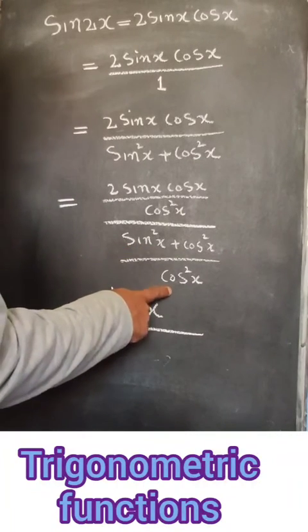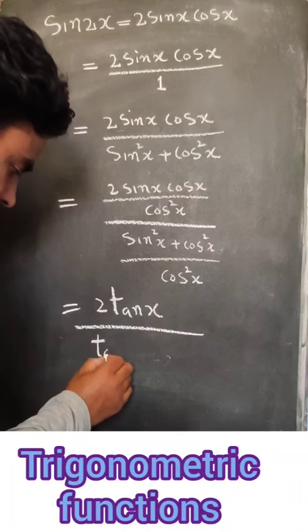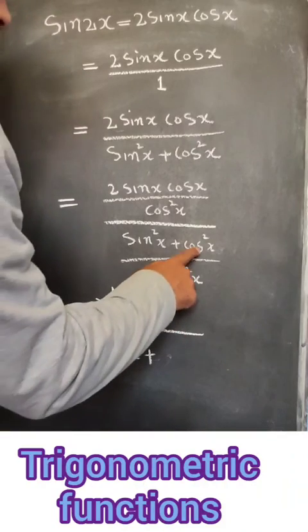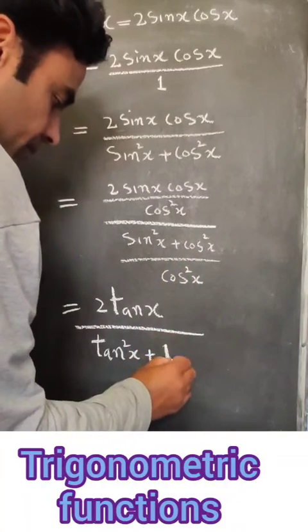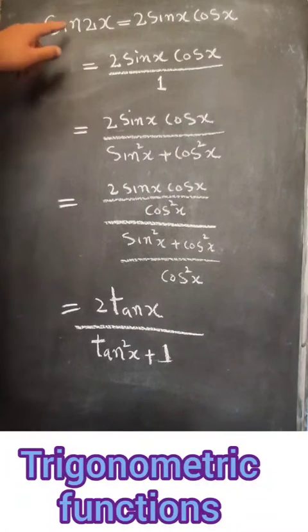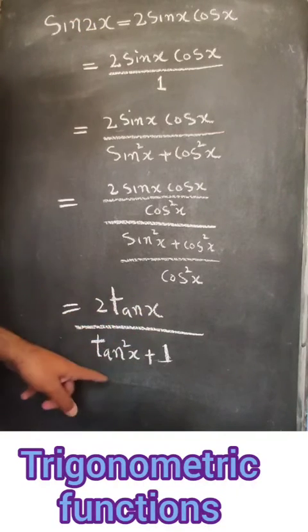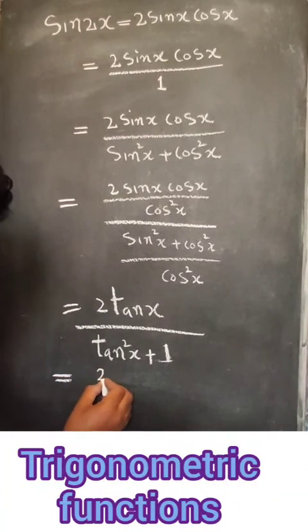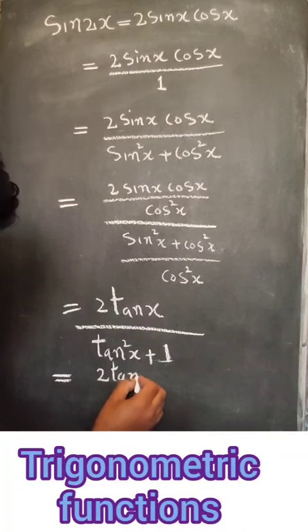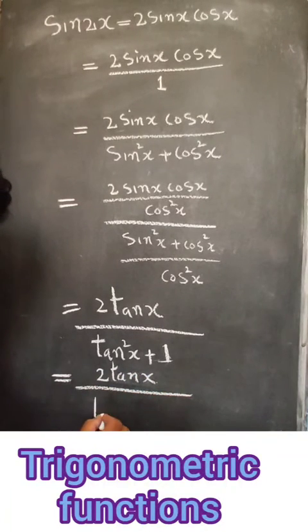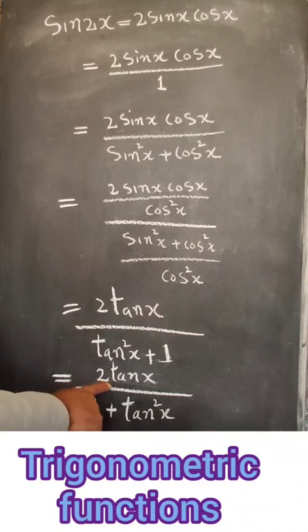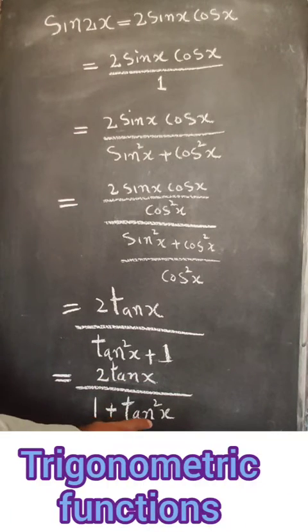Sin square x by cos square x is tan square x. Plus cos square x by cos square x is 1. So we get sine of 2x equal to twice tan x divided by tan square x plus 1, or we can write it as twice tan x divided by 1 plus tan square x. Thus sine of 2x is equal to twice tan x divided by 1 plus tan square x.